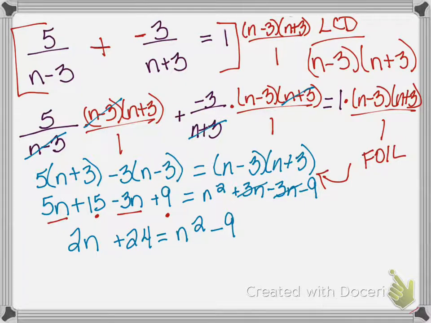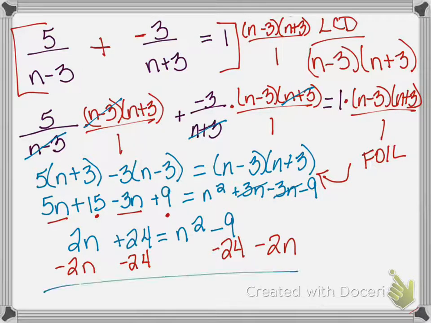Now, I've got to set it equal to 0. So I am going to subtract 2n from both sides. And I'm going to subtract 24 from both sides. So I'm left with 0 n squared.